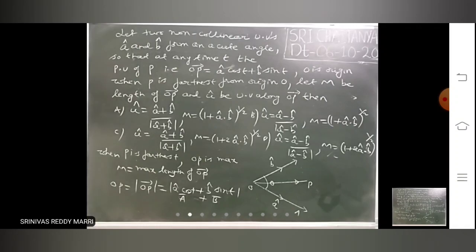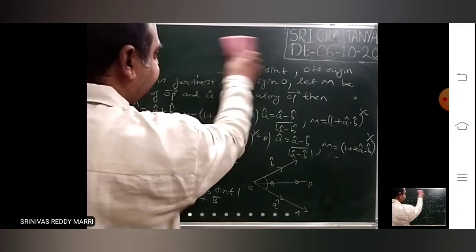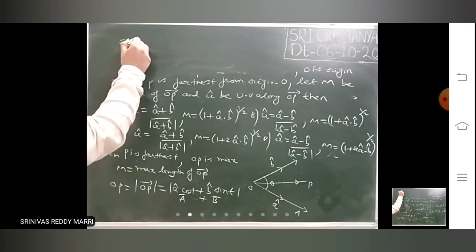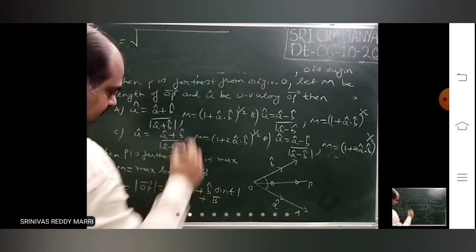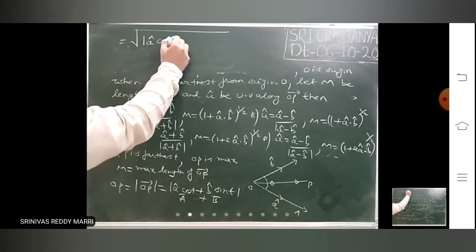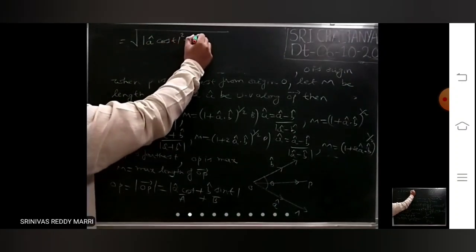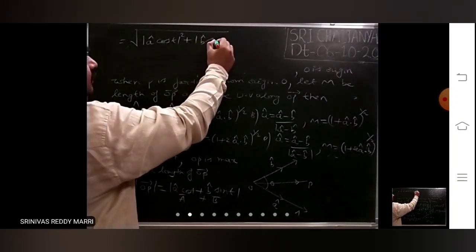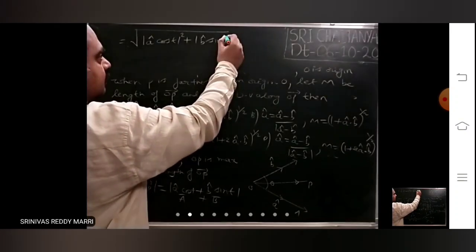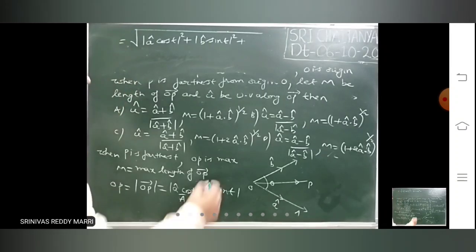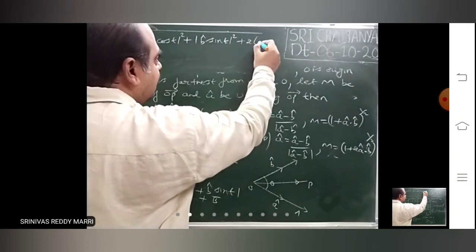Modulus of A bar plus B bar means root of modulus A bar square plus modulus B bar square plus 2 into A bar dot B bar.